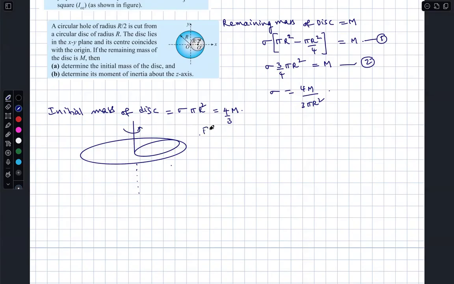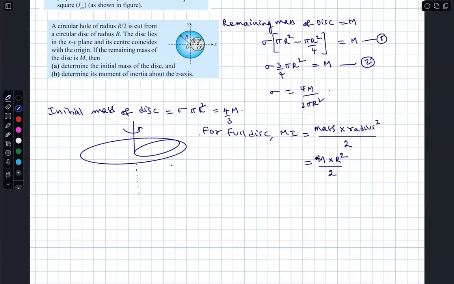For the full disk, the moment of inertia about the z-axis is mass times radius square by 2.